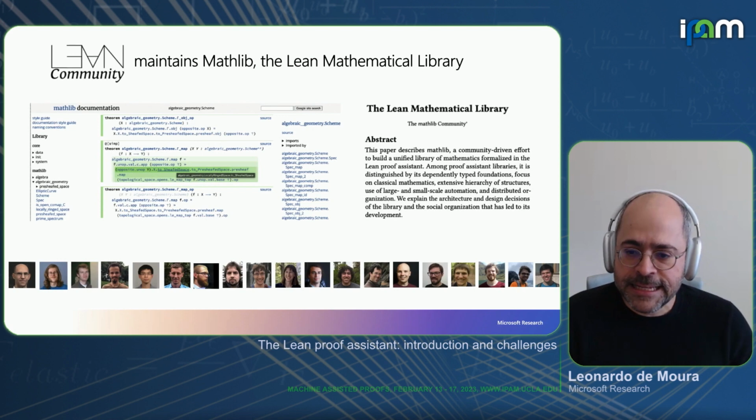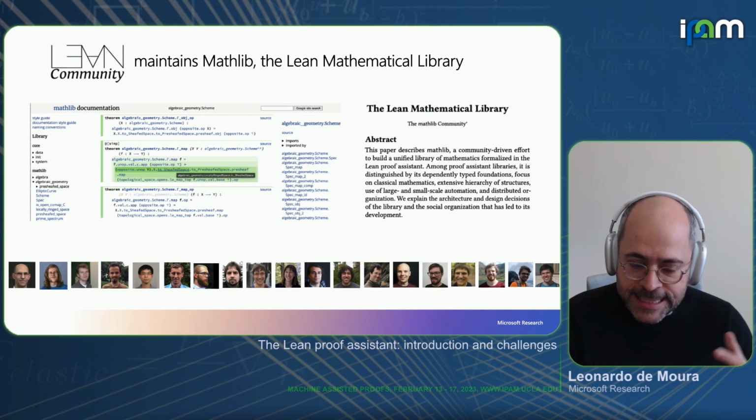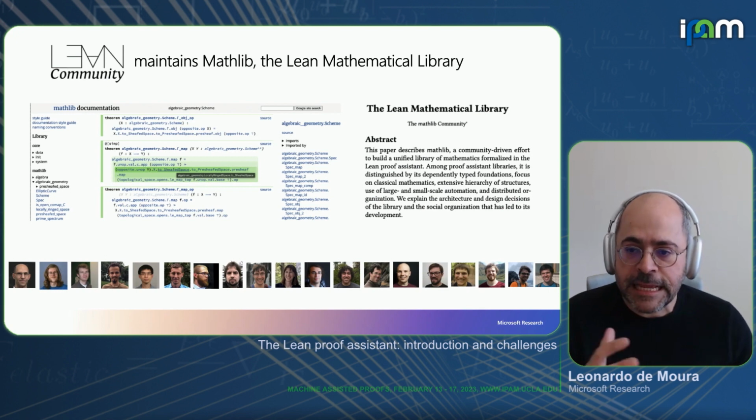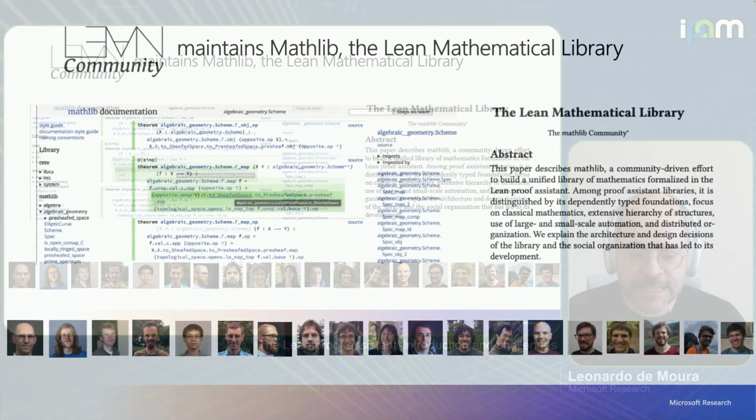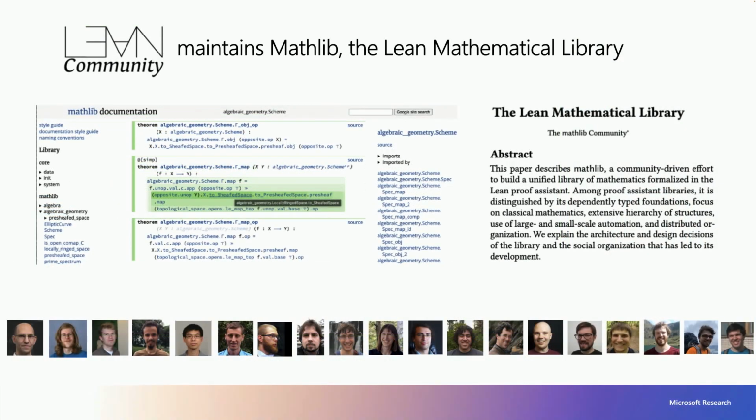Mathlib, it's beyond any expectations. When we started the project like 9 years ago, we would never expect that one day you would have a mathematical library with more than 1 million lines of code, right? The community is huge. Here, putting the maintainers for Mathlib.